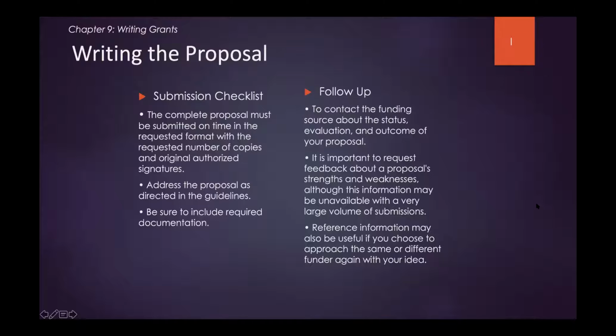So many times you will be given a submission checklist. Not always. Sometimes it comes with the application, and sometimes it's a separate document that you use to make sure that you have all these things.